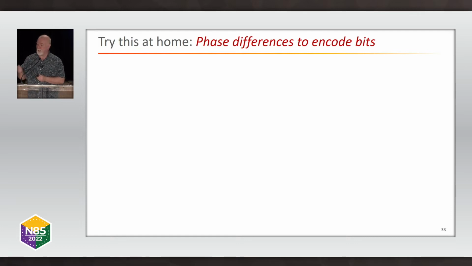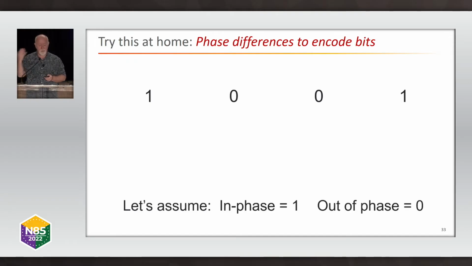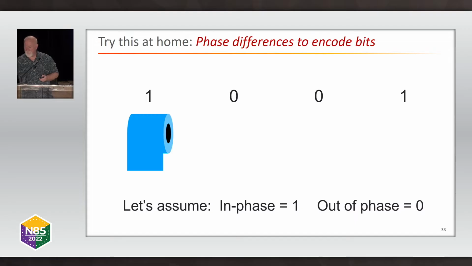of how to encode a digital signal using phase. So here is the digital signal that we want to encode, 1001. Now, what could we do? Well, if we assume that in phase is a 1 and out of phase is a 0, what household item has phase as a property? Toilet rolls, right? If you notice, a toilet roll has two layers, two plies.